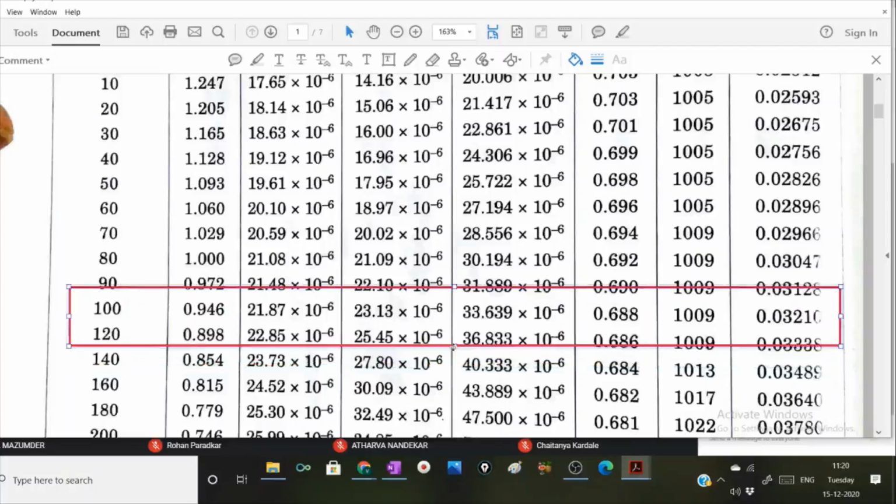And our temperature 110 degrees Celsius is lying in between these two temperature limits. So we have to interpolate for thermophysical properties. Okay. So I have to interpolate in order to calculate the thermophysical properties of air at 110 degrees Celsius.